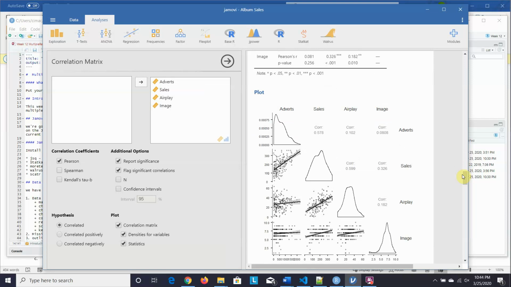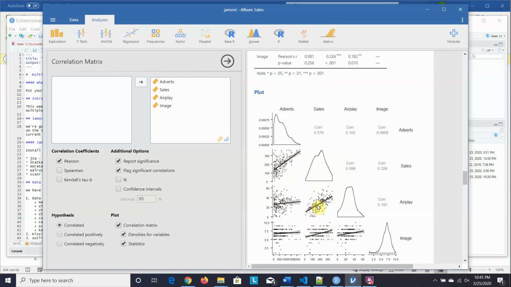So you want to look at these. And here, when we look at sales with advertisements, we have a pretty much linear relationship. Sales with airplay, that looks pretty linear. And sales with image. Those all look pretty good. We're okay with our linear relationship.